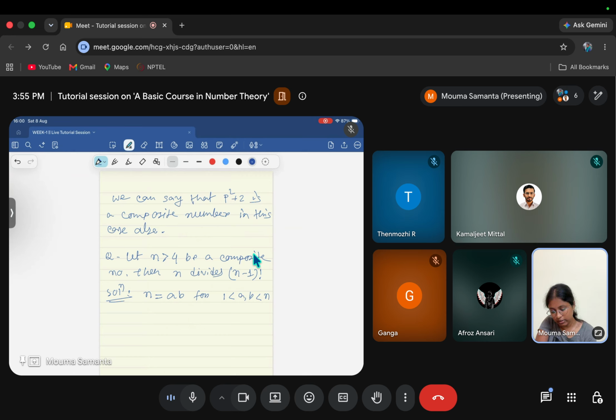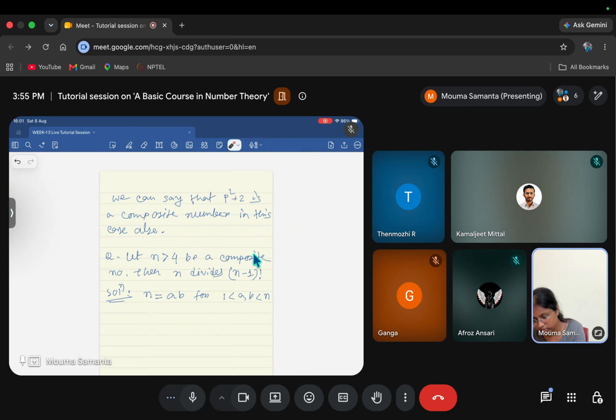Now what it is asking to show is that n divides (n minus 1) factorial. So how to show it? Now see, where do a and b belong? They will be integers in between 1 and n. They cannot be 1 and cannot be n. So a and b are among the integers 2 up to n minus 1.